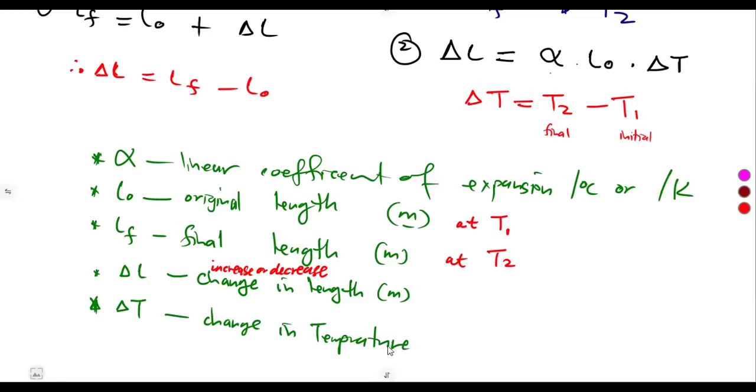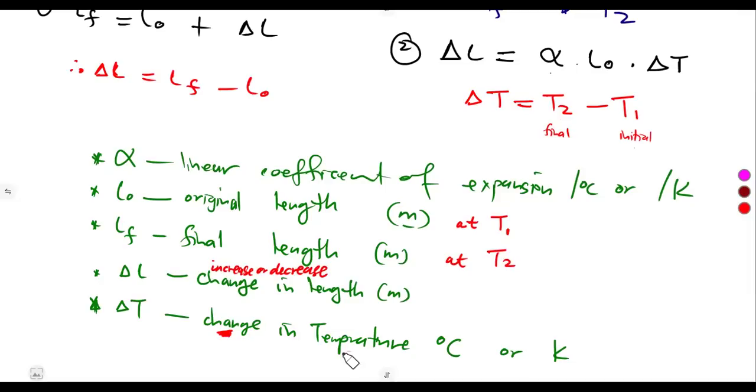Our linear coefficient of expansion can be taken as per degree Celsius, so our temperature can be measured in degrees Celsius or in Kelvin, as it can also be per Kelvin. Remember, we talked about conversion to Kelvin, where we add 273. But guys, it's not necessary. We're going to talk about that in the examples. So T2 is the final, T1 is the initial.